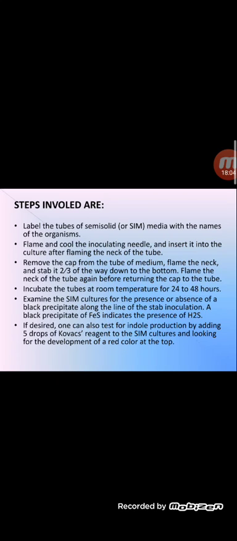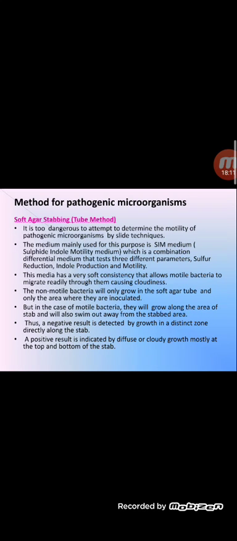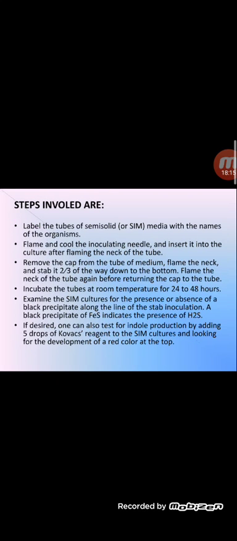So we already said that this medium is a differential medium, made up of sulfide indole motility medium. In this single medium we can determine sulfur reduction, indole production, and motility. If sulfur reduction has taken place, then a black precipitate will be present, which is due to FeS.